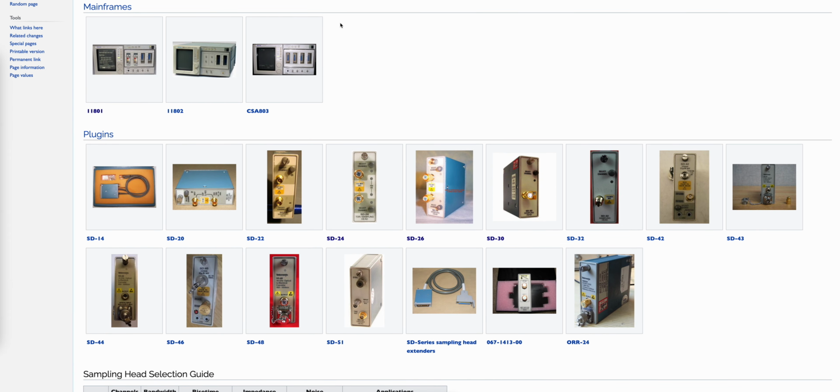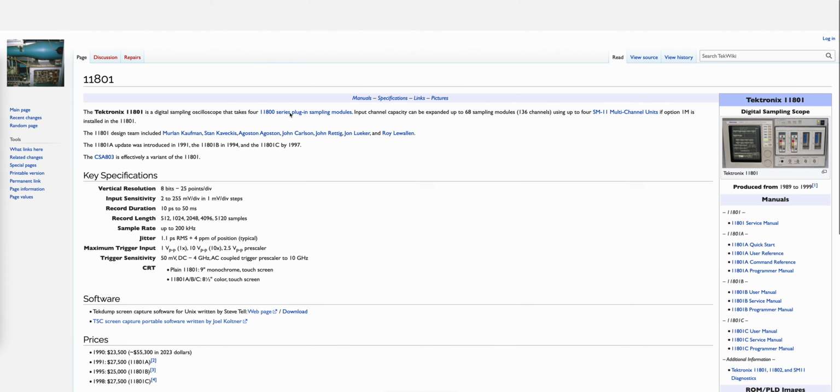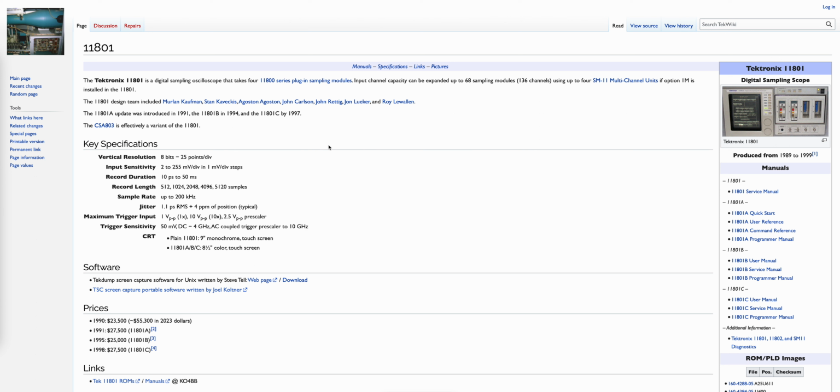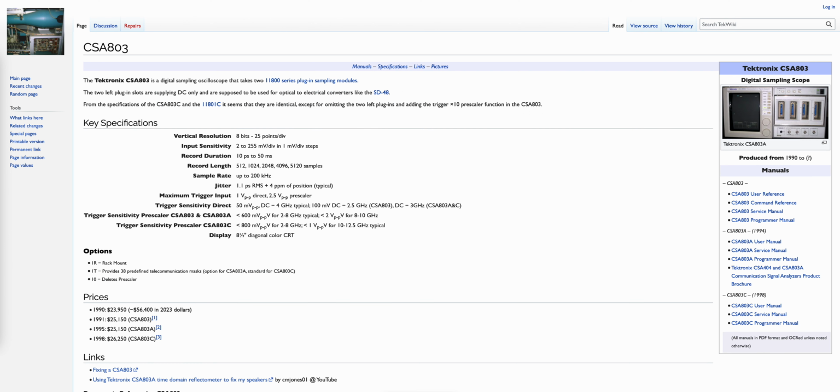There are a number of versions in this series, and they are very similar among them. I guess there are evolutions, but if you look for information about the 11800 series, you'll find that the 803 is part of this family. It is peculiar because the name changes.